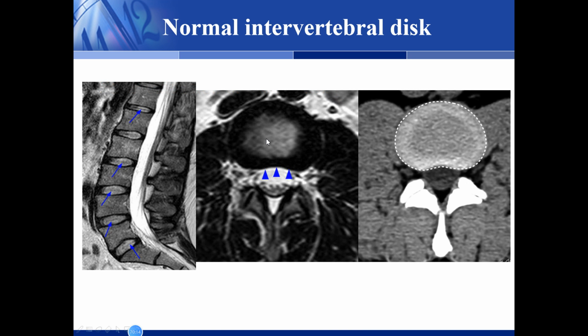And here is the CT. This is the MRI. These two are MRI, and here is the CT. And here shows the normal intervertebral disc. MRI is the best way to diagnose the intervertebral disc herniation.